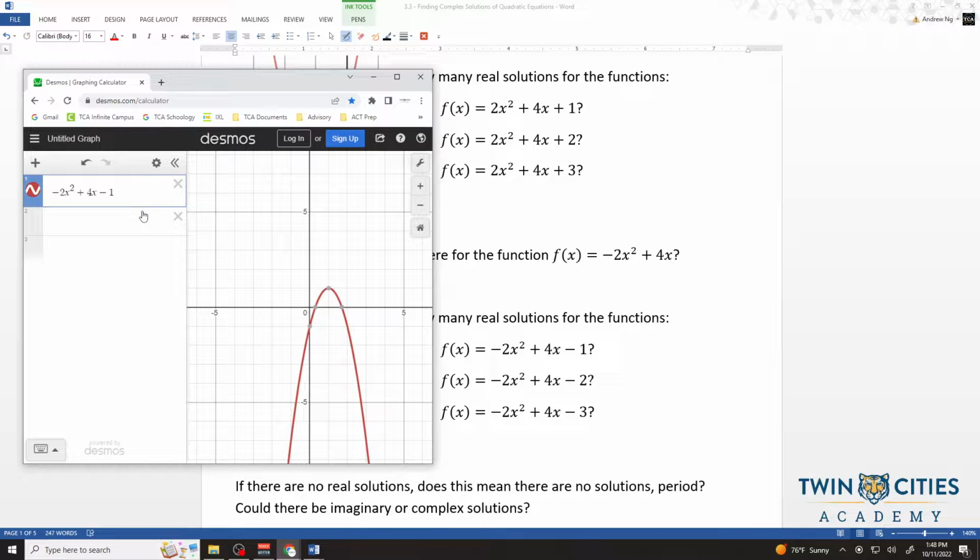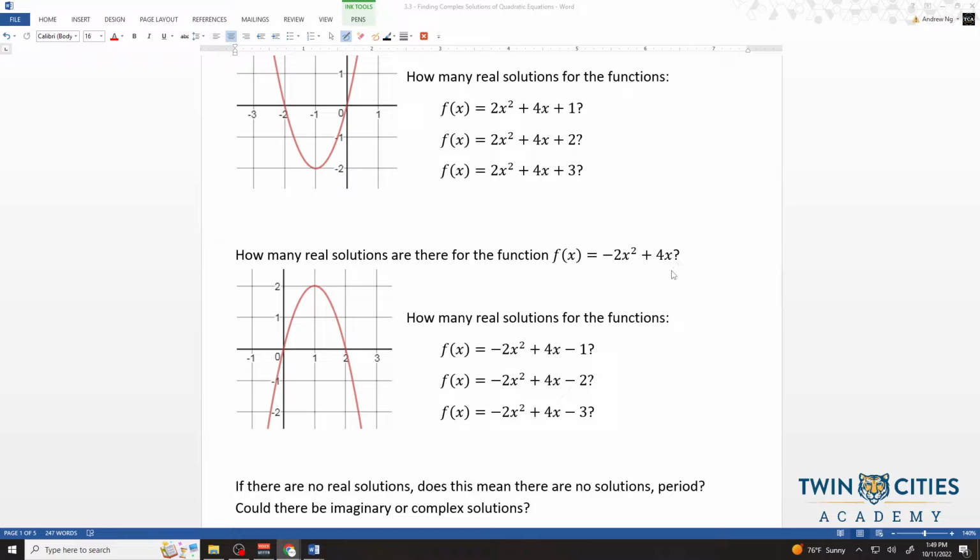If I subtract 2, it does the same thing, just on the underside of the x-axis, where it comes up, bounces off the x-axis, and goes back down. So there's one solution there. But then if I subtract 3, it goes up, comes back down, but it doesn't hit the x-axis at all. So there's 0 real solutions there.